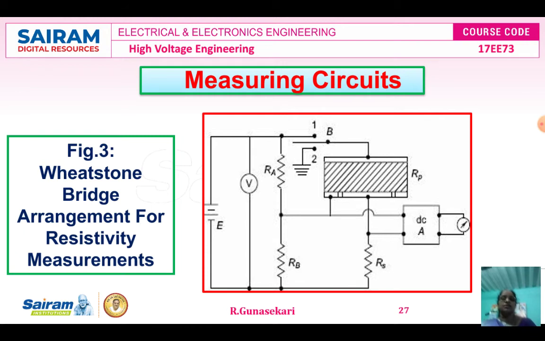The resistances RA and RB are also connected. RA is used for balancing the Wheatstone bridge. The standard resistance Rs and the specimen RP are also used, and the DC amplifier is connected with the galvanometer.